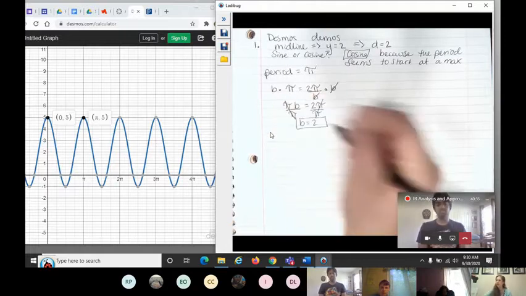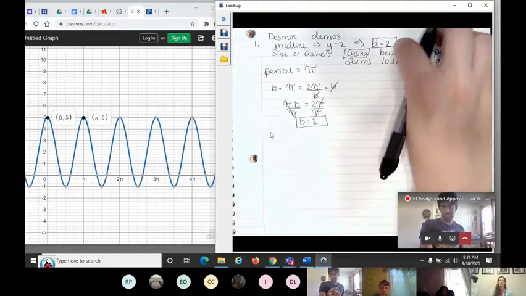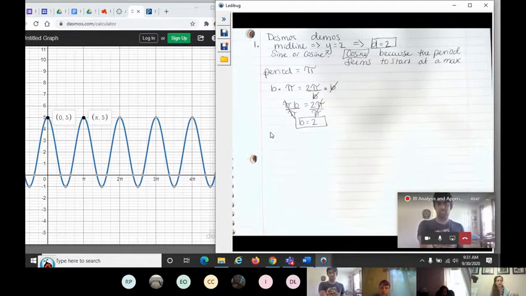Okay, so we have our b value. We have a cosine function, we have our b value, we have our d value. So we have 2 more things we need to find. Dahlia, can you pick one of them for me? So the 2 things left are amplitude and what else have we got then? Phase shift. You can pick either one. Amplitude.